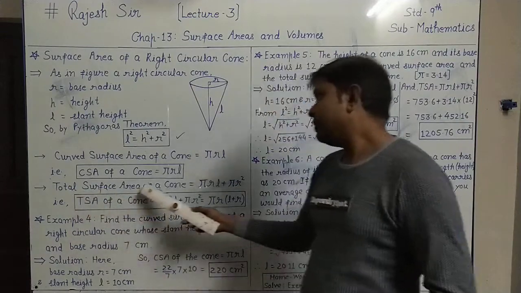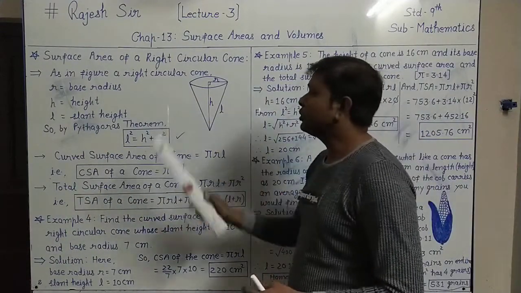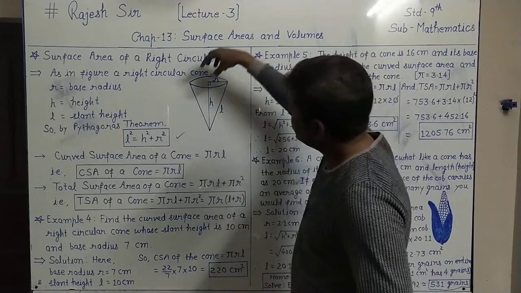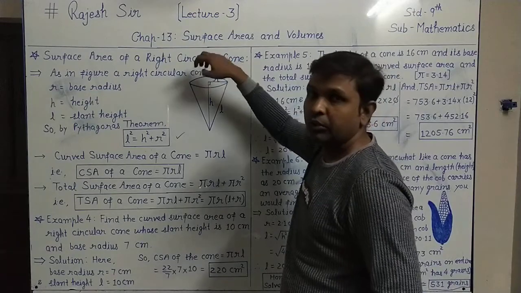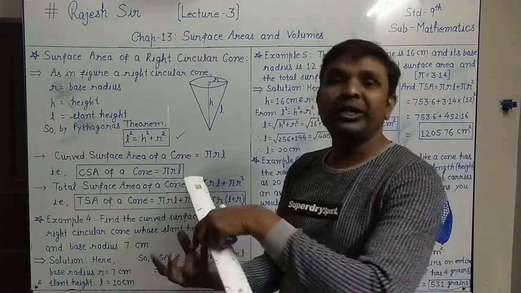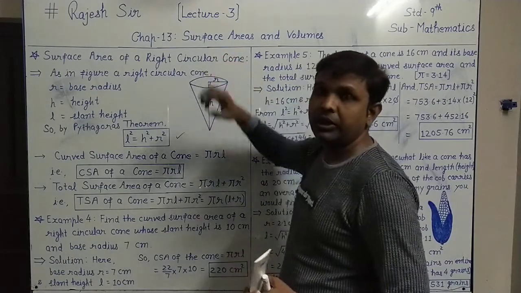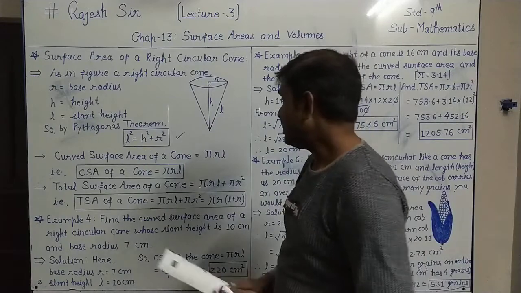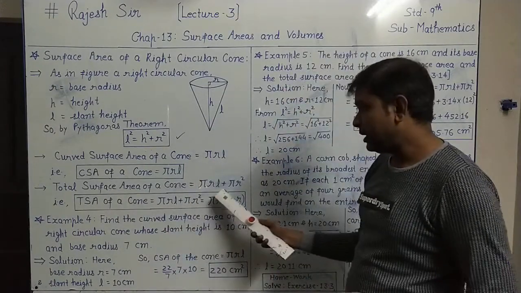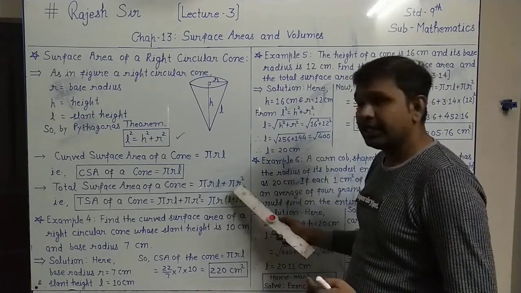Then the total surface area of the cone: if you want the total surface area, besides the curved surface we have to close the top also, or the bottom if it is put inverted. To close it, we need a circle. So the total surface area of the cone is CSA, that is pi rL, plus, to close it, we need a circle, and the area of the circle is pi r square.